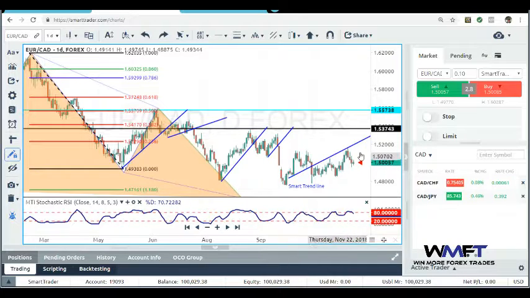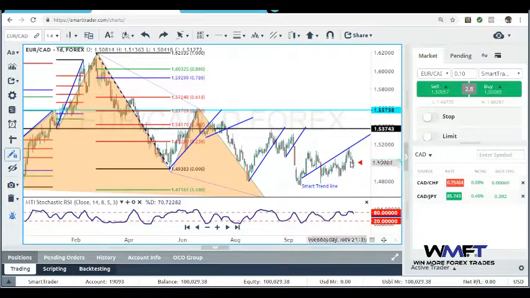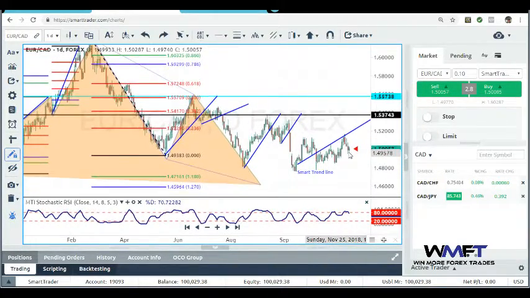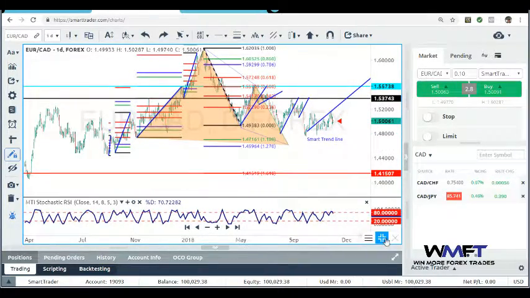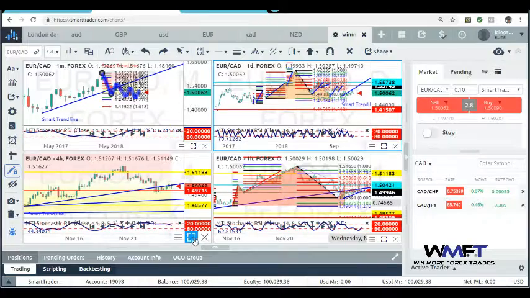But the backside of this counter trend line has been tested and it held. So you should have five sell trades at this point, and we go down to the 4 hour chart.